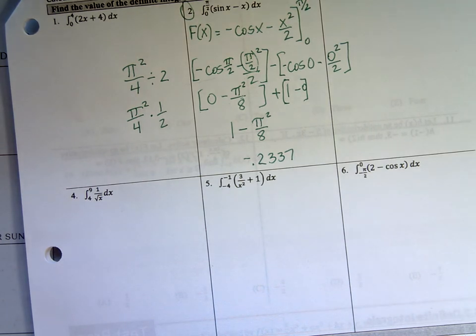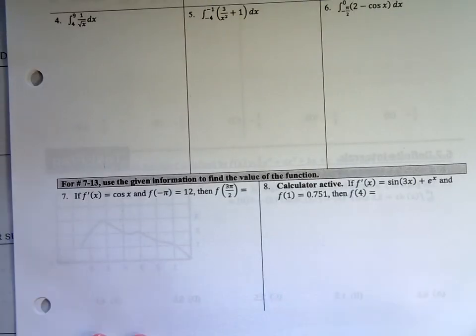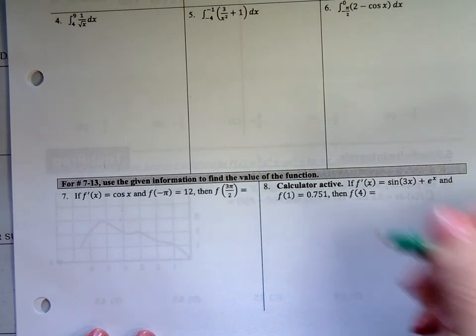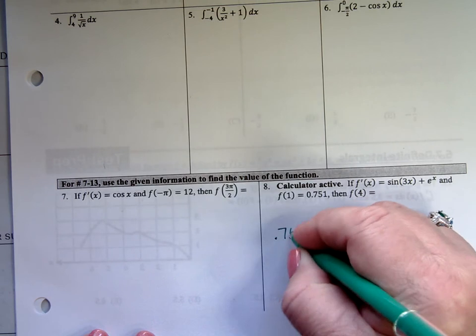It'd be nice if you could see me. All right, there it is. So this is like the last question of the examples that we just did. You know where you're at, 1. You know the value is 0.751. And you're trying to get to 4.